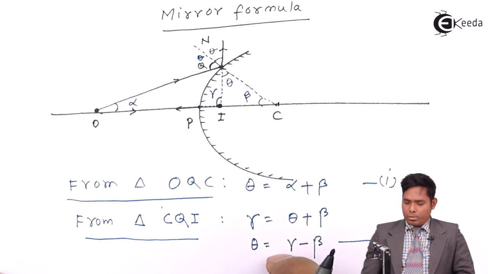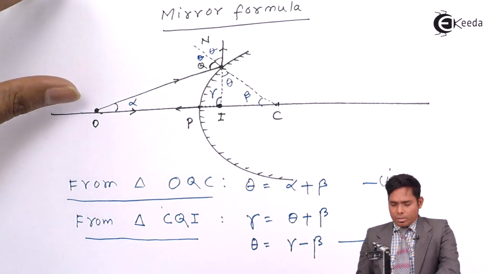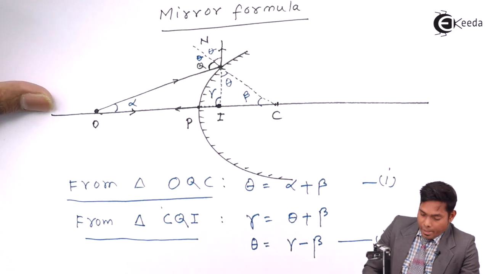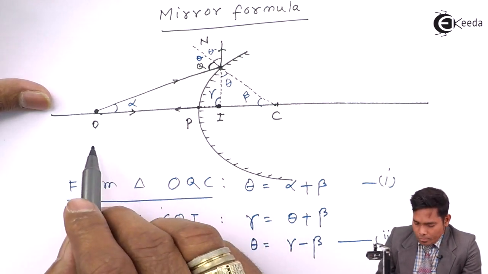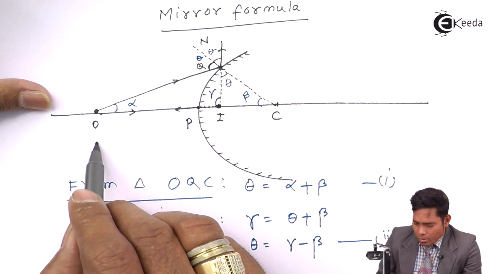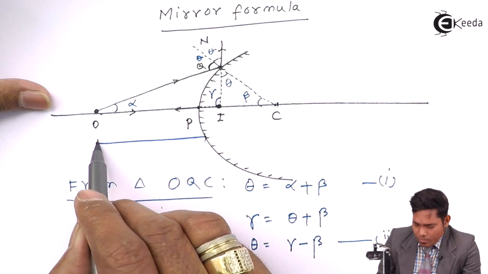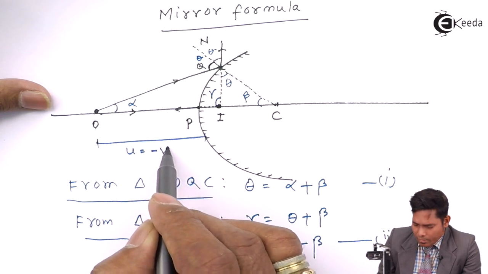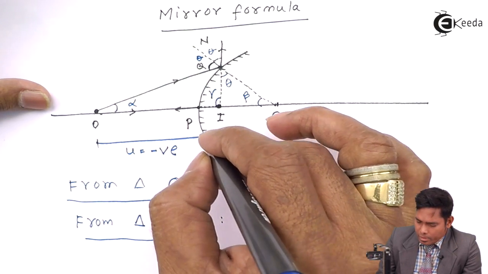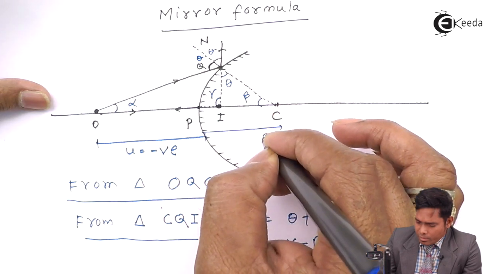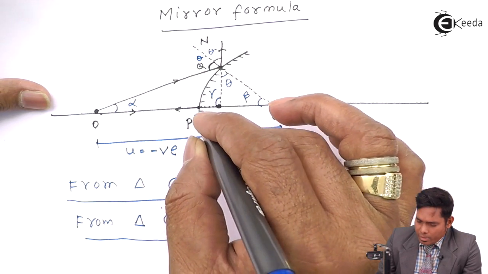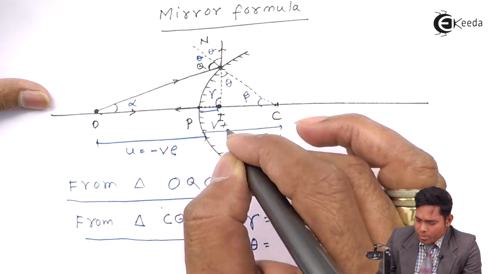If you compare these two equations, as usual, we'll see what we are getting. And we must keep in mind that this is the object distance u, which is negative, and this distance is r, which is positive, and this distance is v, which is also positive.